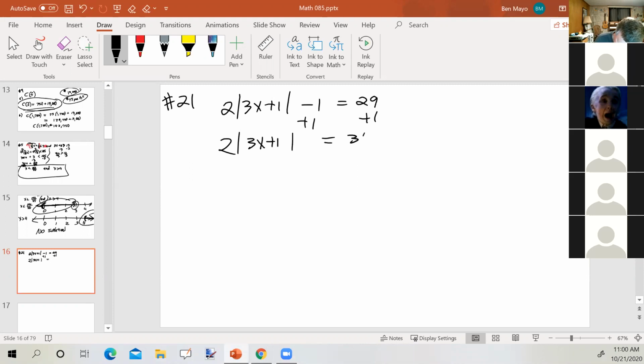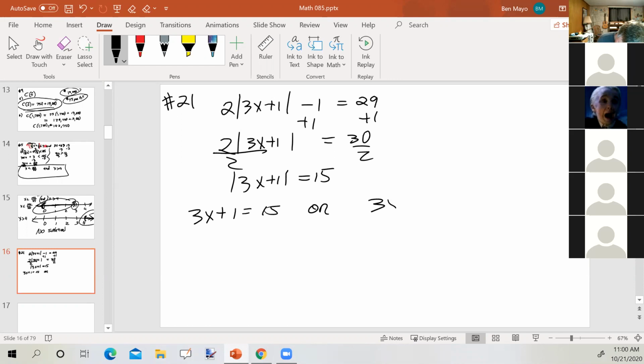I'm going to divide both sides by 2. Now I'm ready to start the problem. So what's inside the absolute value either equals what's outside, or what's inside equals the opposite of what's outside. So there's my two equations.